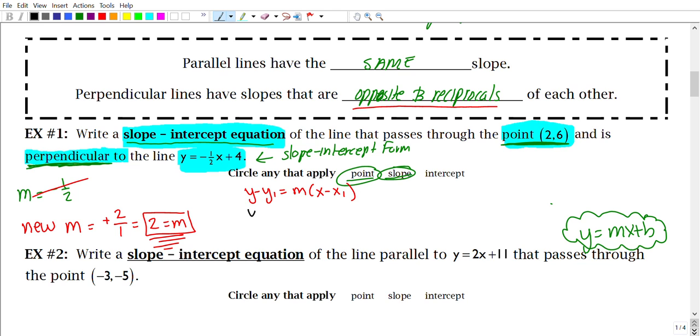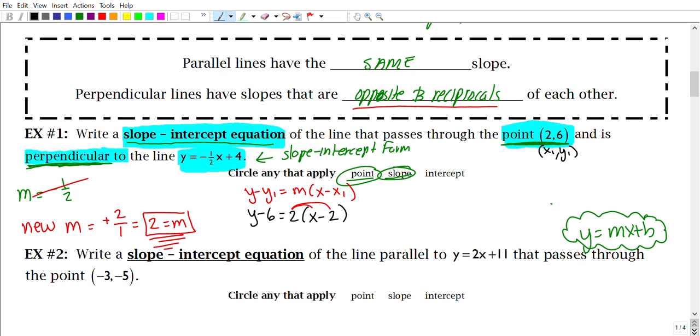So let's write my equation. It's y minus my y1, which is 6, equals my new slope, 2, times x minus my x1, which is 2. Well, that's a point slope equation, but I don't want a point slope equation. I need slope intercept, so I have to distribute.